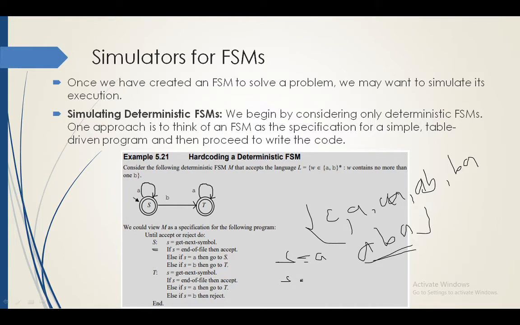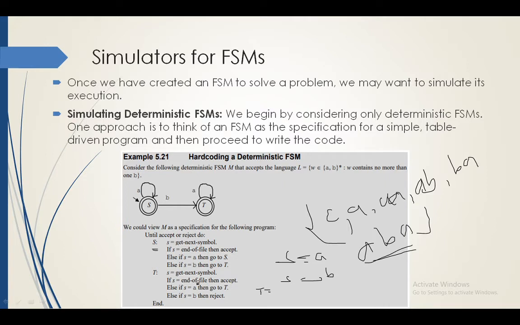So S equal to, I'll read the next symbol. What is the next symbol here? B. So that will be the new S value. So if S equal to B, then where do I go? I go to the state T. So now I am in the T state. Once I reach the T state, or once I move to the label T, then I will execute the code written in front of this T. So once I reach this, I will read the next character.